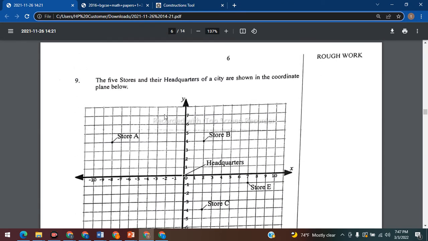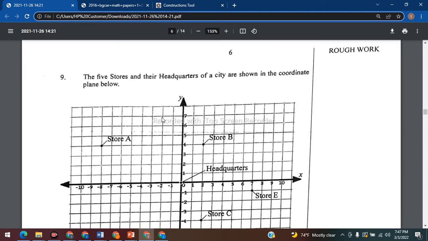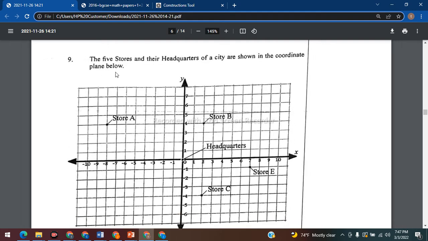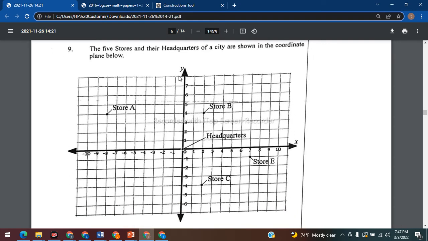Let's do this one. All right, so the 5 stores and their headquarters of a city are shown in the coordinate plane below. Please draw the coordinate plane. When you draw it, make sure that you start at 0 and go all the way out to 10, all the way downwards to -6, all the way upwards to +7, and all the way across to -10.